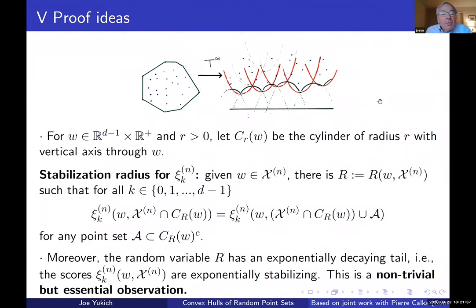Right, so in this picture here, we have points in the upper half plane. These points are the images of all of the n sample points in the unit ball. Some of the points in the interior of the convex hull are sent to points which are far away from the half plane here. Whereas points near the boundary of the convex hull are sent to these points.